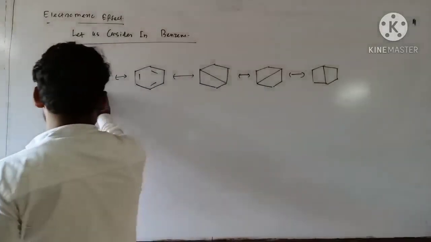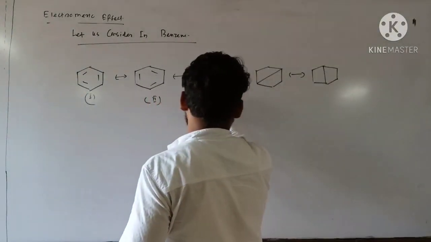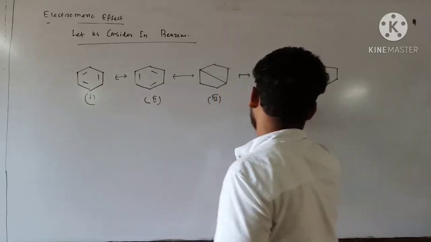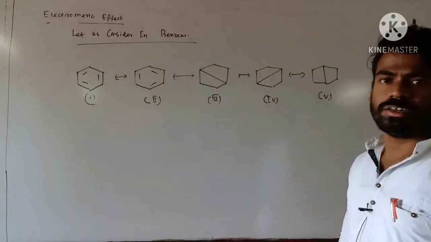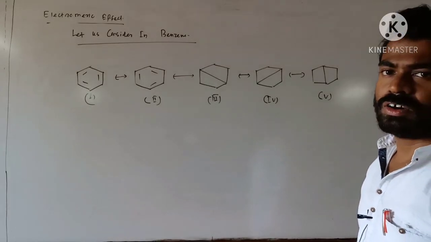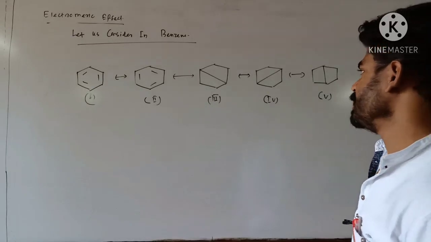this one is structure 1, structure 2, structure 3, structure 4, structure 5. These are 5 resonating, or canonical, forms of benzene.